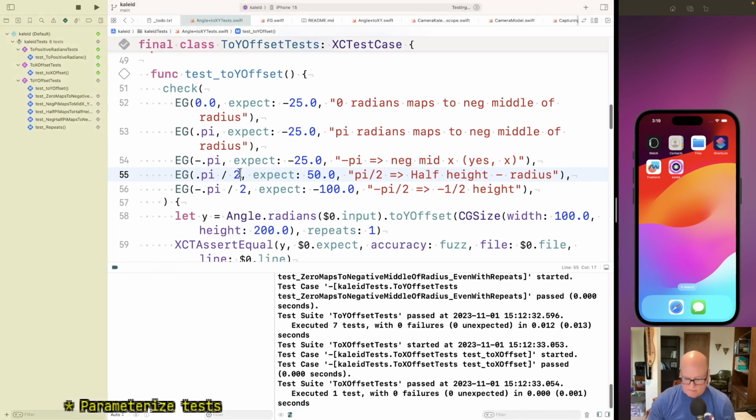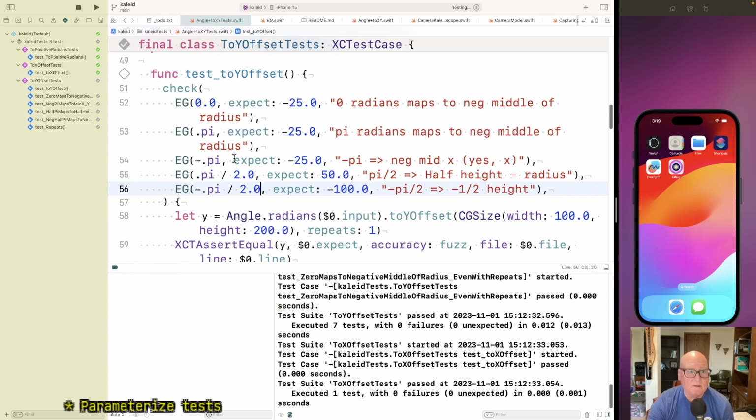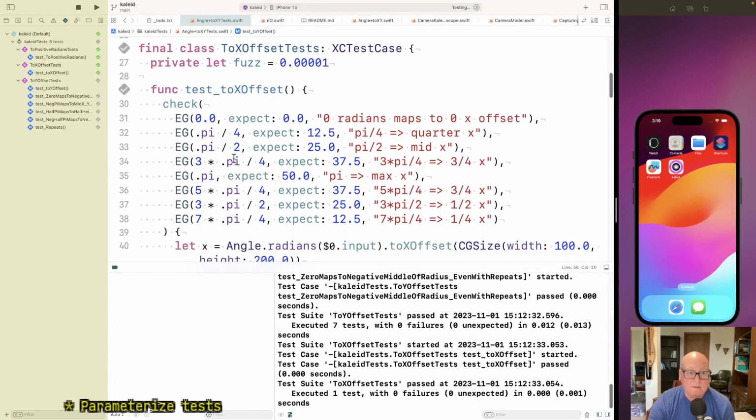Well, I'm going to make these explicit doubles here. I don't know, I should do that here too.